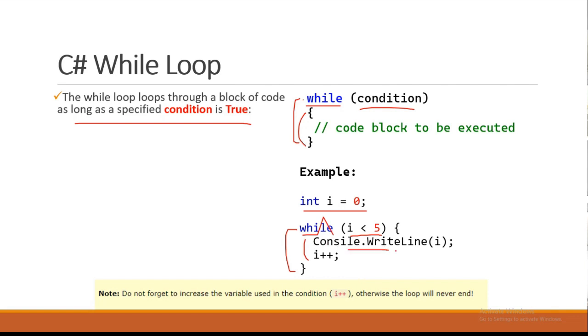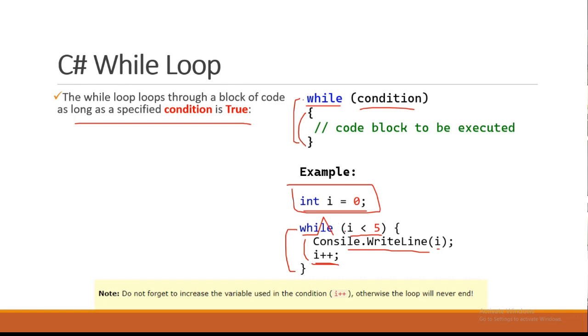Here it will write the value of i, and we have to increase the counter value here, because it was 0, and then we write the values from 0 to 5.